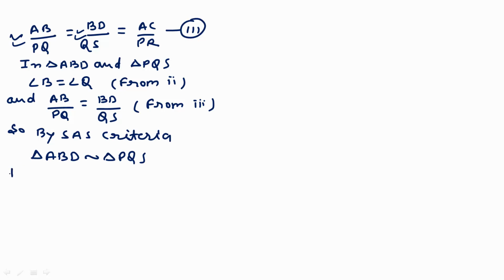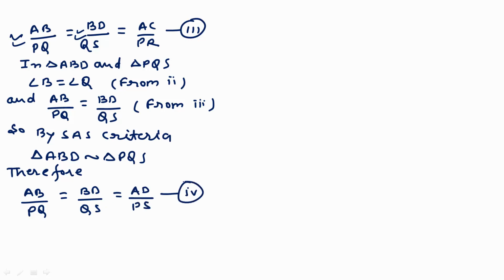Therefore corresponding sides are proportional, that is AB upon PQ is equal to BD upon QS is equal to AD upon PS. This is number 4.